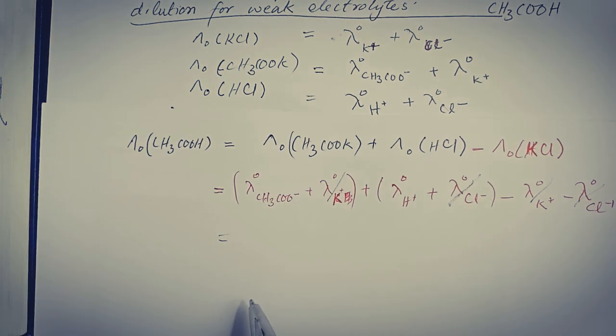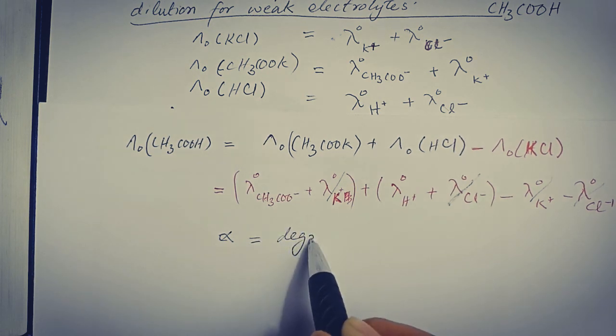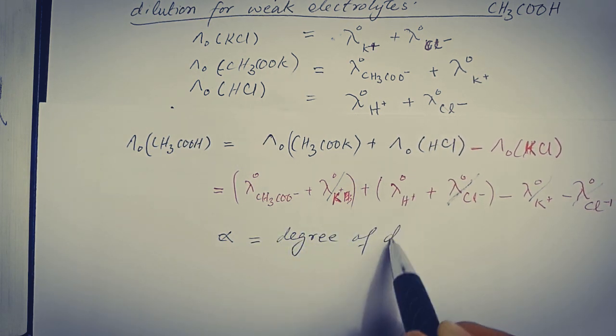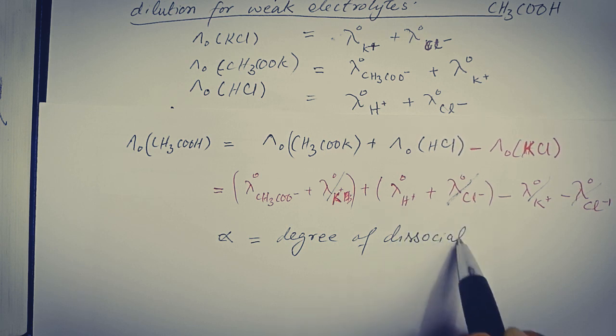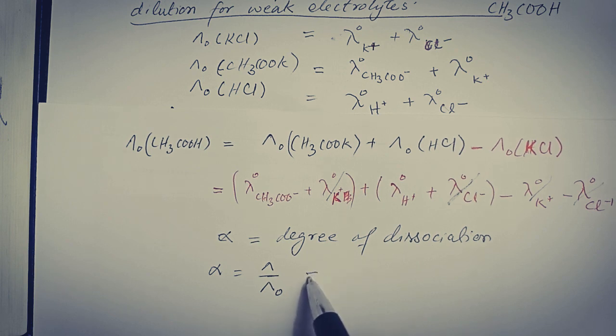Another important application of Kohlrausch law is that we can calculate alpha, that is the degree of dissociation. Here the value of degree of dissociation is equal to the ratio of the equivalent conductance over equivalent conductance at infinite dilution, or it can be equal to the molar conductance over molar conductance at infinite dilution.